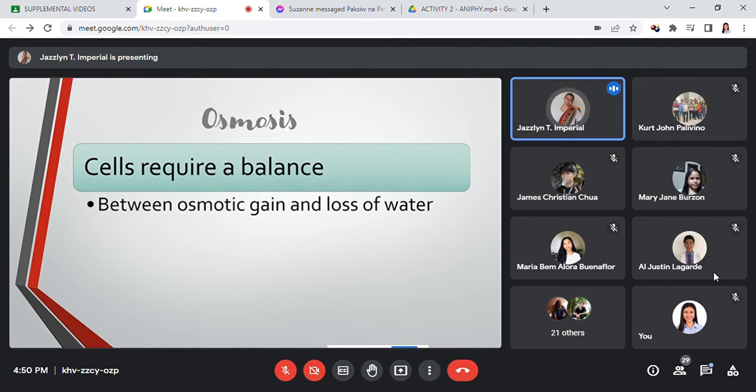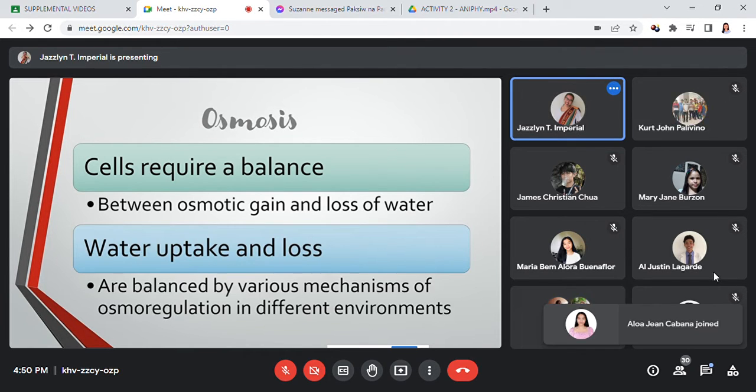Okay, so there's a balance between what is gained and what is lost in the case of water. Okay, and then, of course, there are several mechanisms involved depending on the type of environment that you are in. Okay, class?